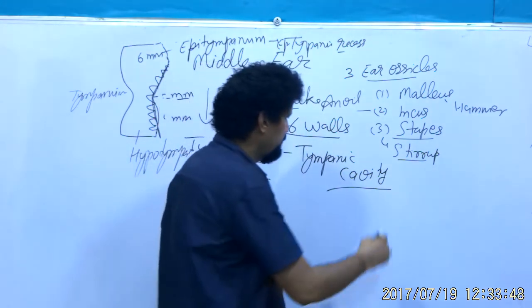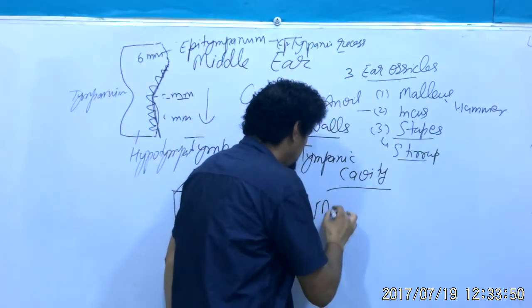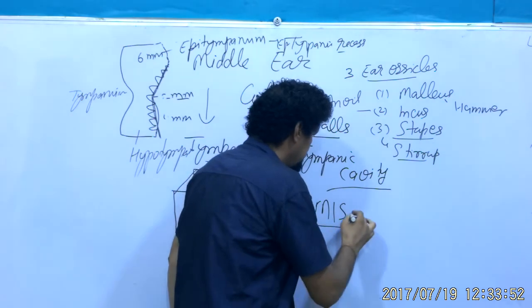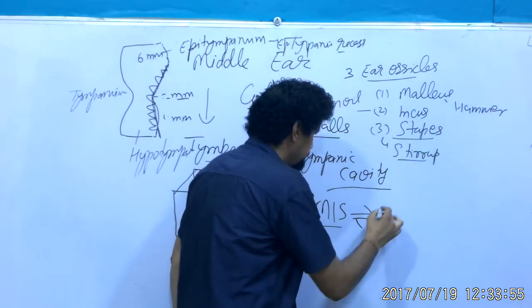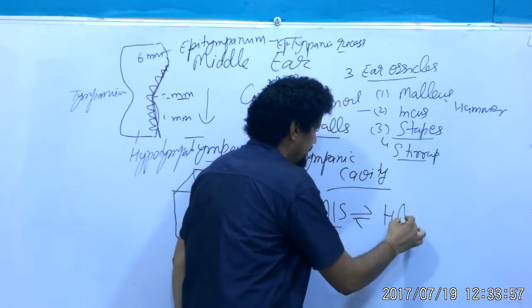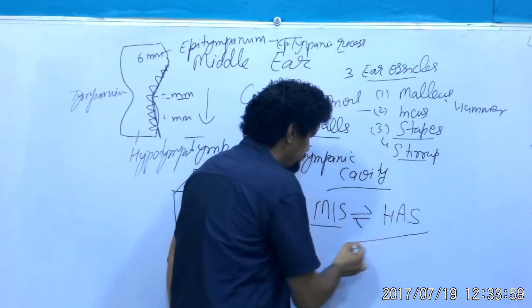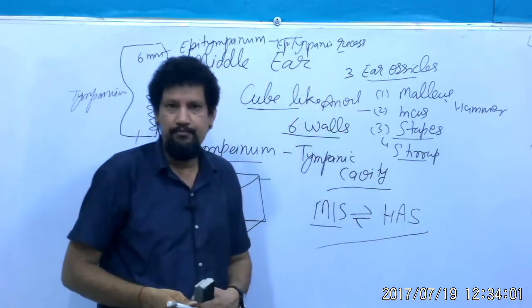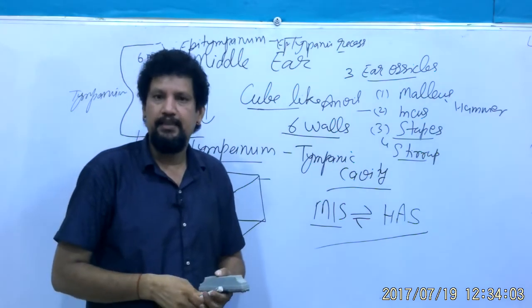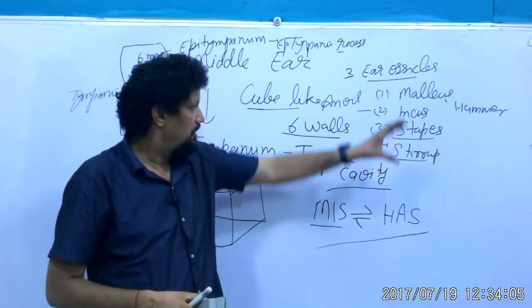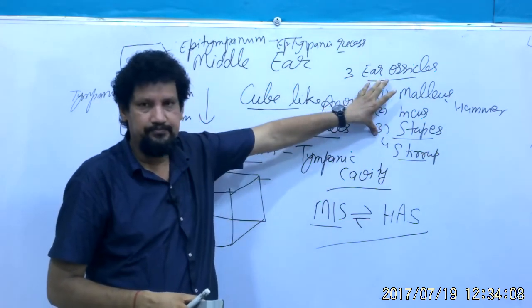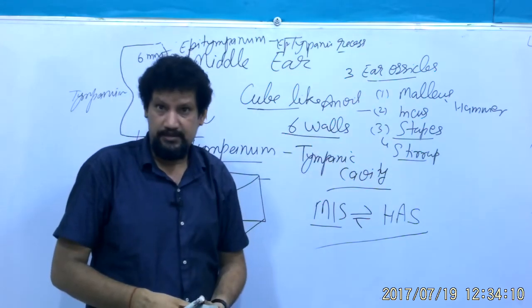So we can use mnemonic MIS HAS to remember the name of the ossicles and the shapes of the ossicles. It is having two muscles.